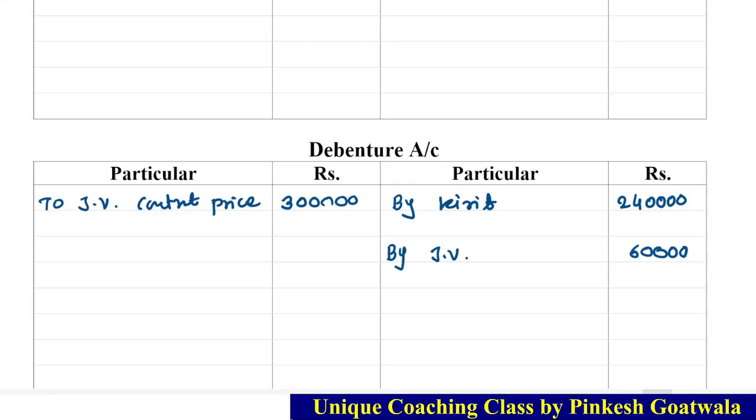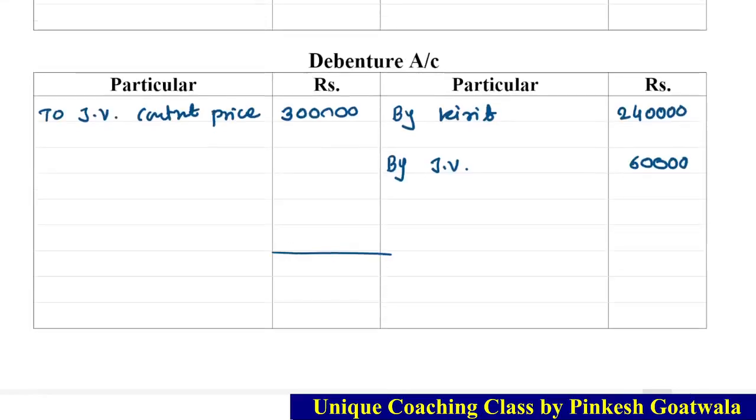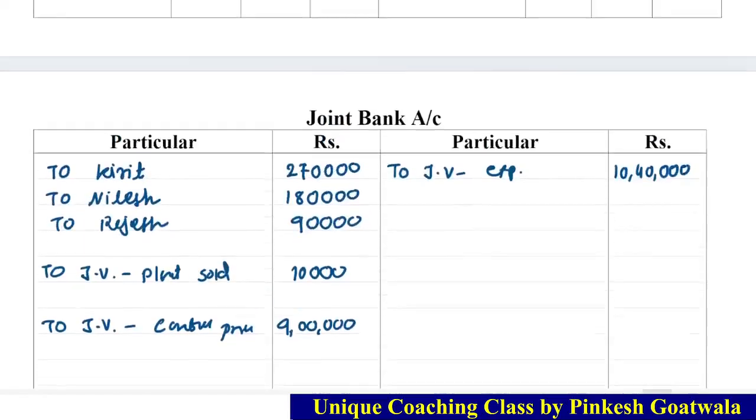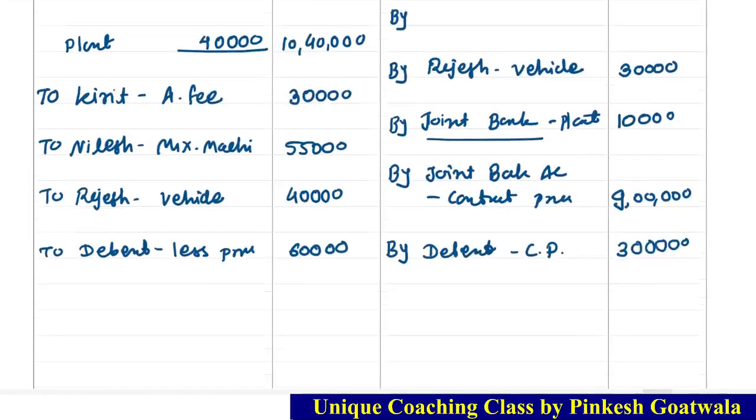Now let's close the accounts, but remember here we prepared debenture also. So first of all close the debenture, and it will always be balanced. First we will close the debenture, and always what happens? It balances. Now let's close the other accounts one by one. First of all we close the joint venture.